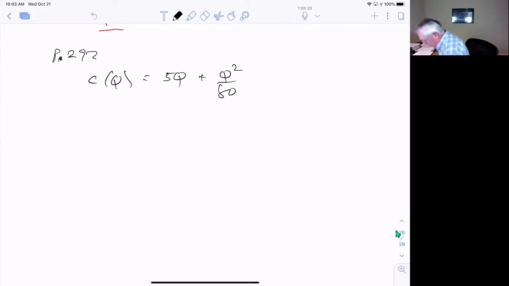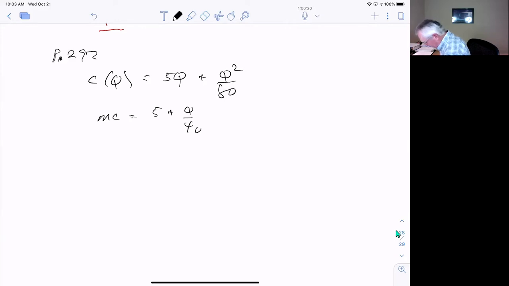And that generates for us a marginal cost of 5 plus Q over 40. Now, notice there is no fixed cost term. So all costs for Dan are variable with this particular formulation.